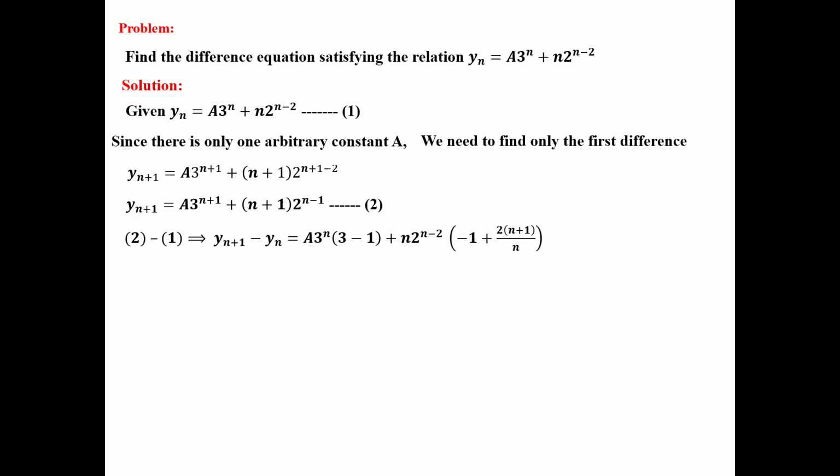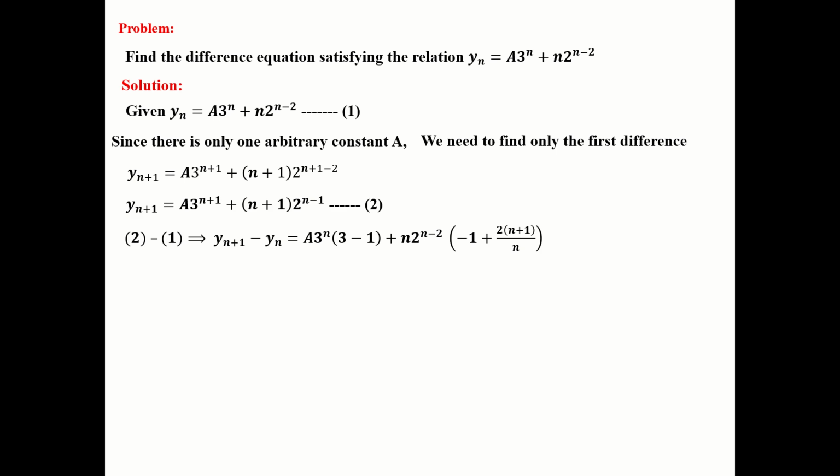Is equal to the right hand side of equation number 2, a into 3 power n plus 1 plus n plus 1 into 2 power n minus 1, minus the right hand side of equation number 1, a 3 power n plus n 2 power n minus 2.